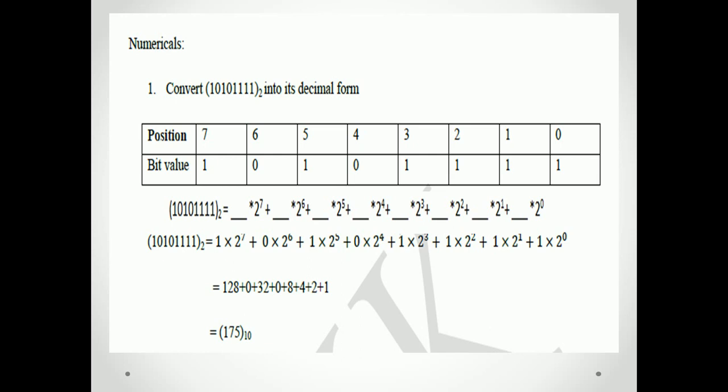Clear? Okay. So just you have to make a table.